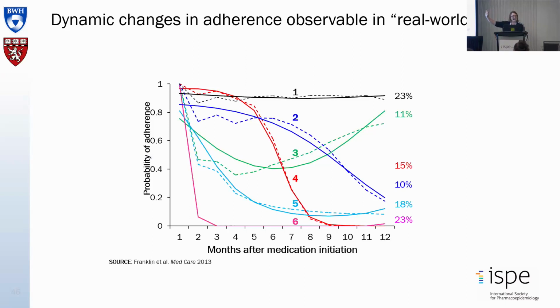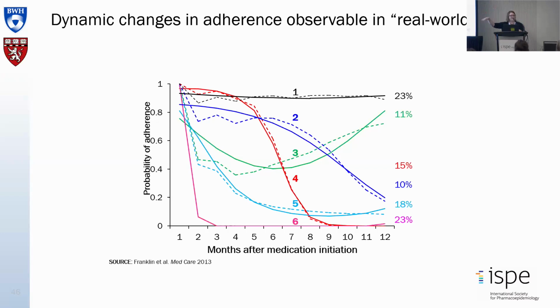Within this population of patients, say, taking statin medication, the model identified 6 different groups, with different percentages of patients assigned to the groups, and the model predicted actual adherence, the different lines. For group 1 here in black on the top, about 23% of the sample was assigned to that. These are patients you would probably have identified in the data anyway, who are near perfect the whole time, filled perfectly.